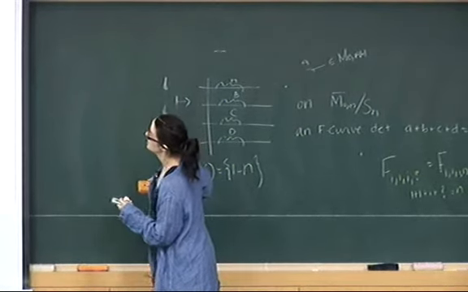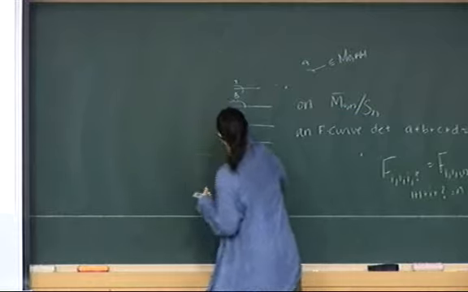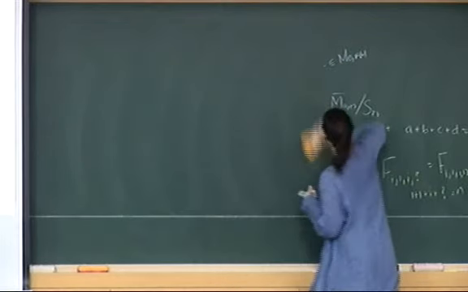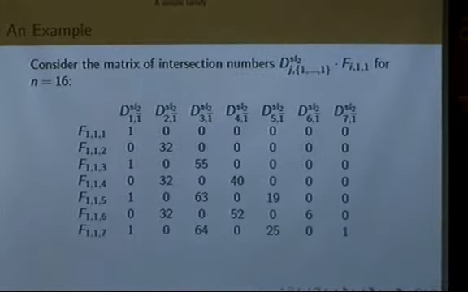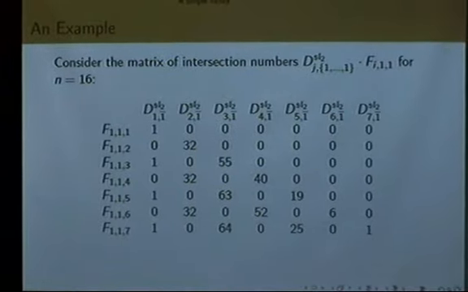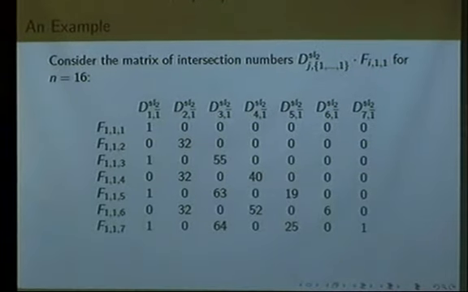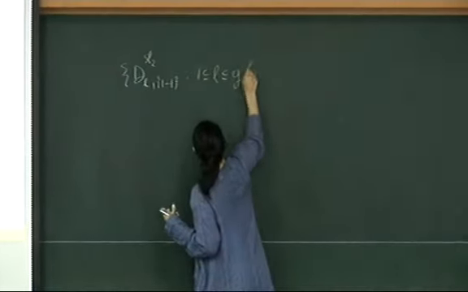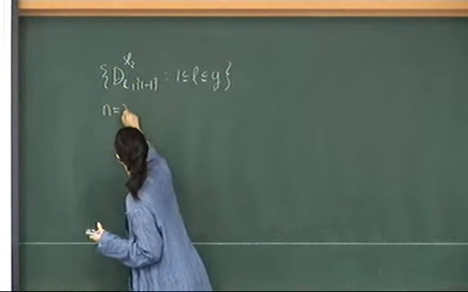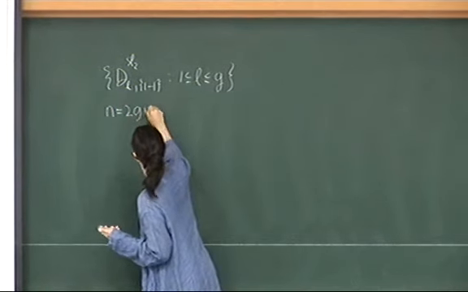So here's this example, for n equals 16. So this set, let me fix the typo, sl2, all ones, where L is going between 1 and g, and here n is 2 times g plus 2.